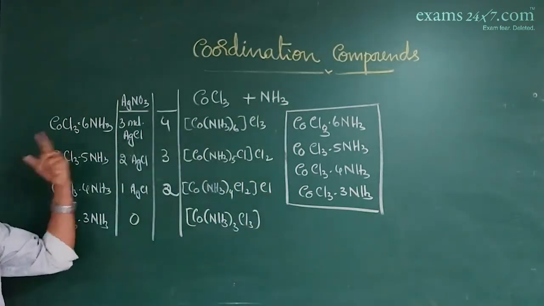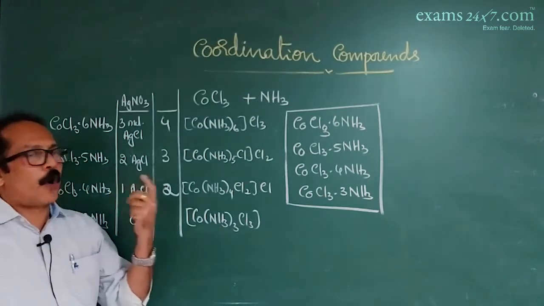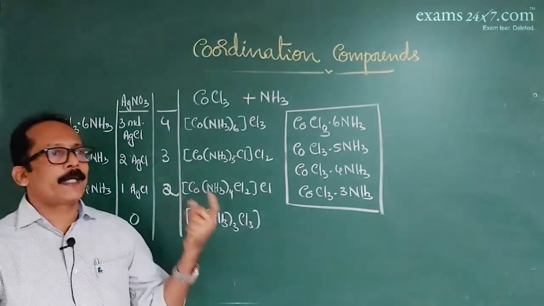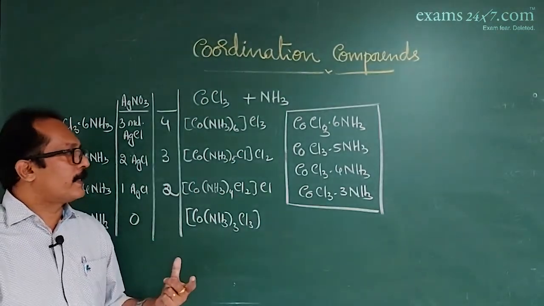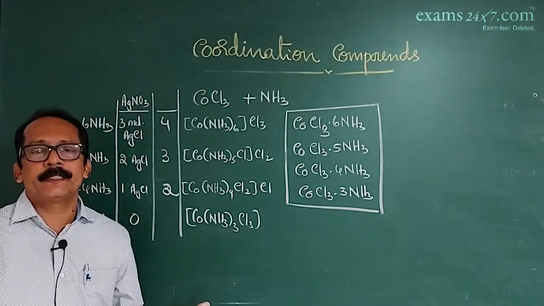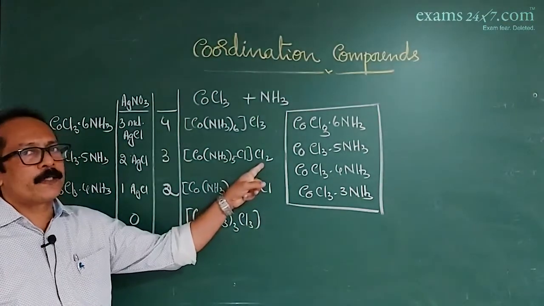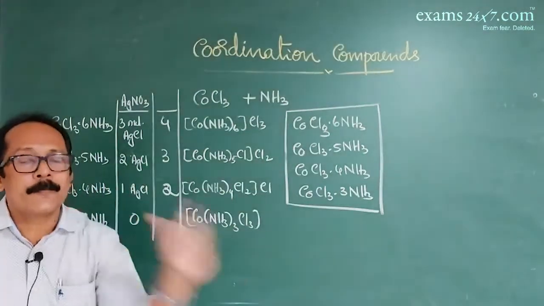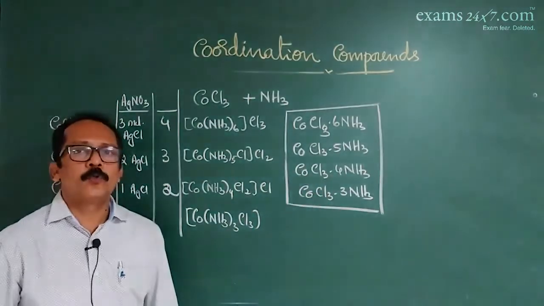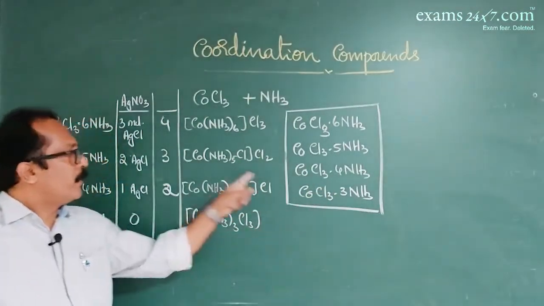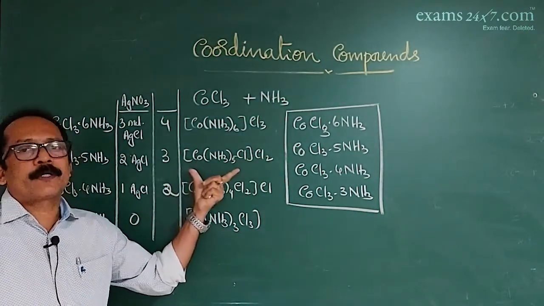For example, if they give a cobalt compound treated with ammonia, then treated with AgNO3, silver nitrate, and it gives 2 moles of AgCl, what is the formula of the complex compound? 2 moles of AgCl means there should be 2 simple chloride ions that react with AgNO3 to give 2 moles of AgCl.